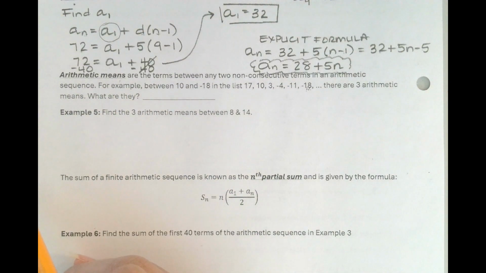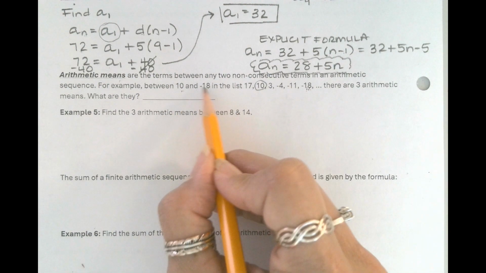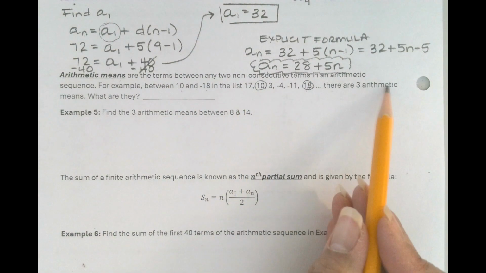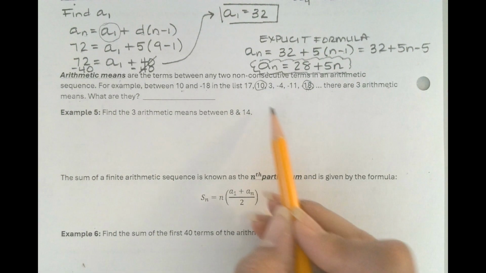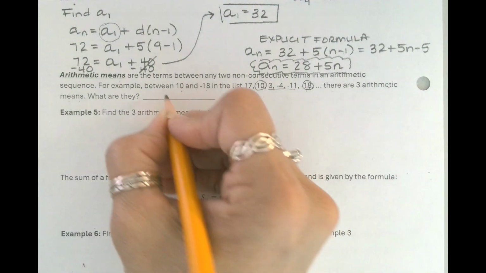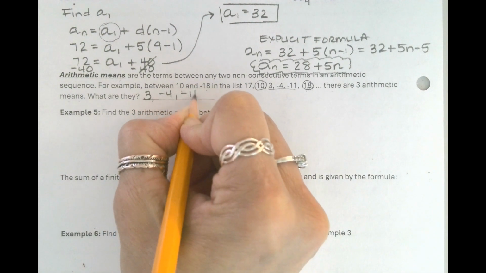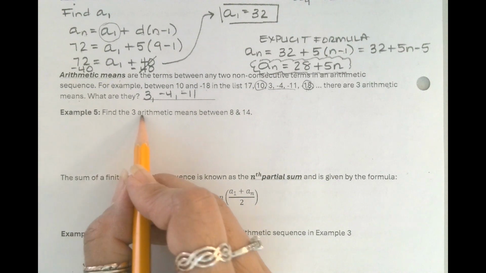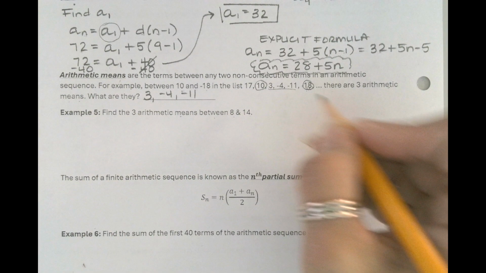So here's my question for you. Between 10 and negative 18, what are the 3 arithmetic means? Well, visually we can just see that they are 3, -4, and -11. Okay, so that's what the word means. So find the three arithmetic means between 8 and 14. So visually, what does that look like?